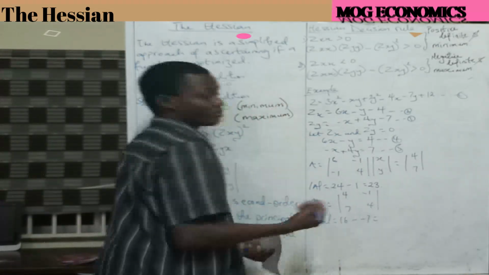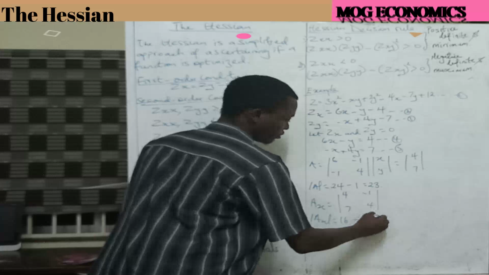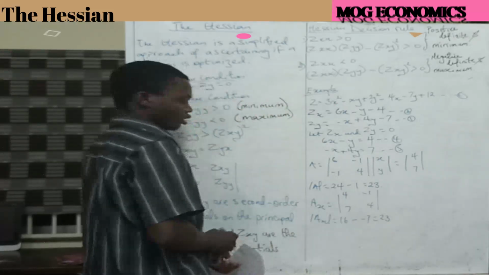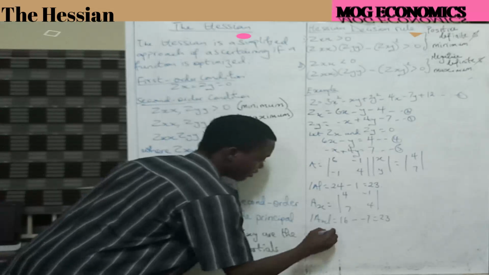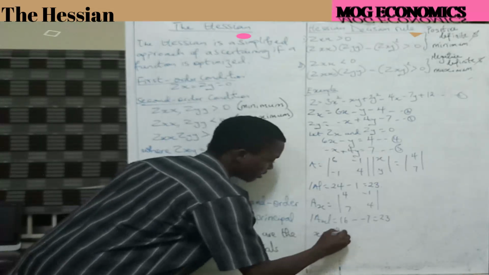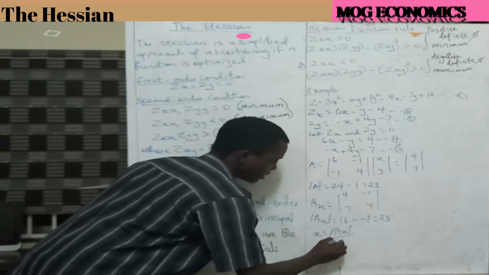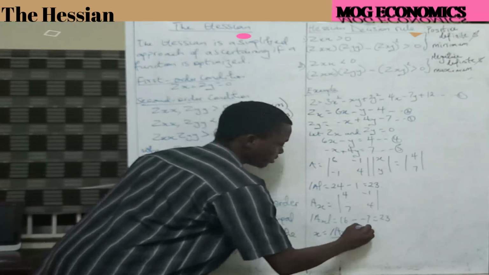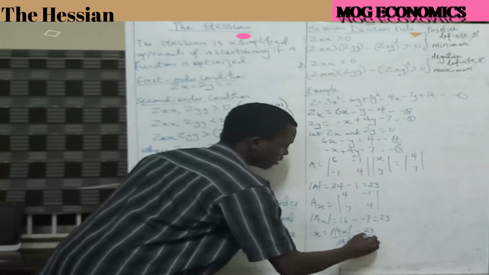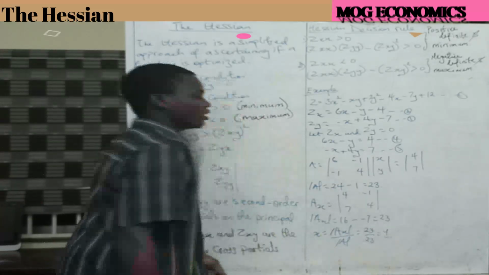So 16 plus 7 is going to give us 23. How do we find x? X is equal to the determinant of AX divided by the determinant of A. So we have 23 divided by 23, that's equal to 1. Basic.